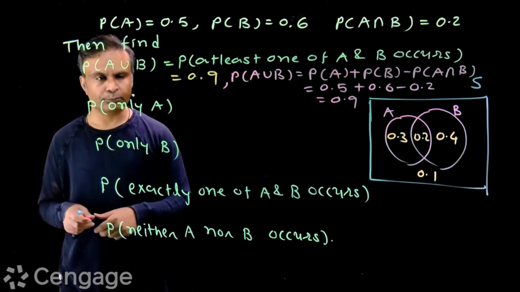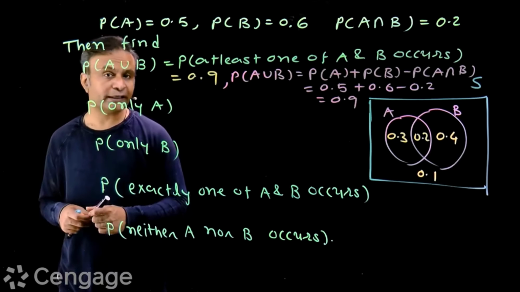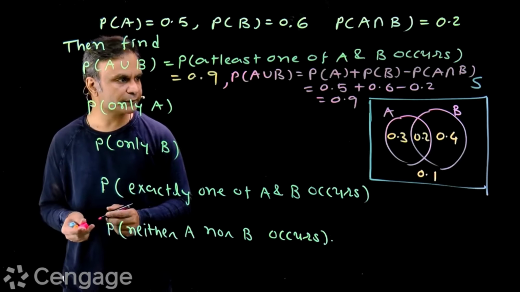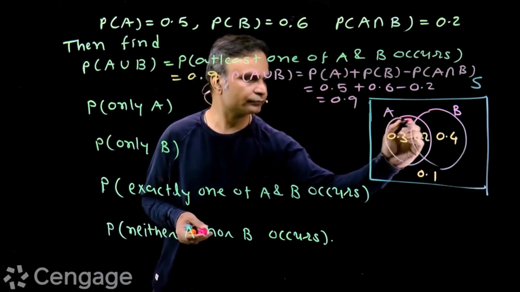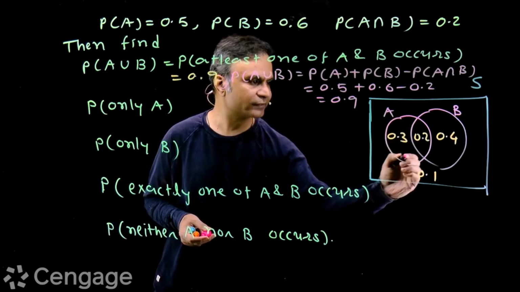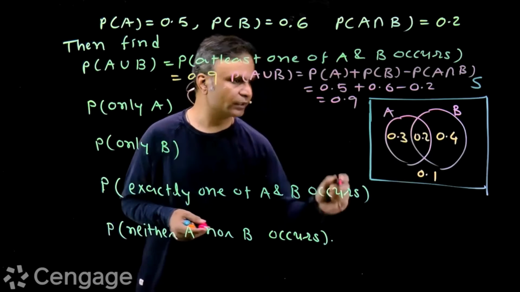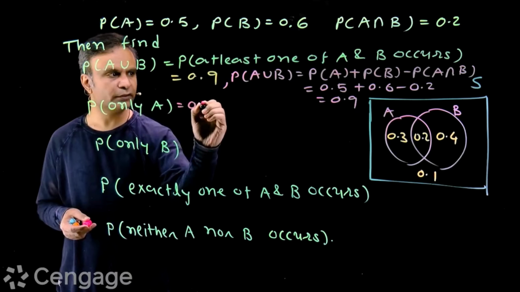Now we have to get the probability of event only A. Only A means this region of set A excluding A intersection B, and this value is 0.3.